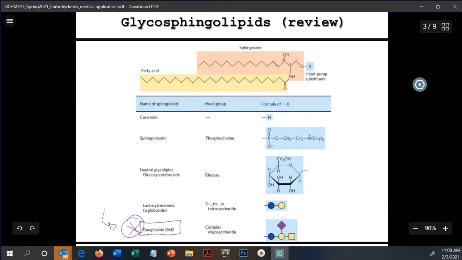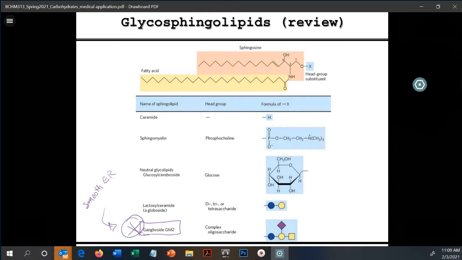Ganglioside GM2, in fact, your glycolipids, whether they are regular, triglyceride based, or whether they are sphingolipid based, they are being synthesized in the smooth endoplasmic reticulum, right? So go back and review the endomembrane system of the cell.